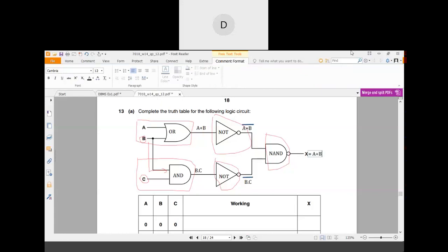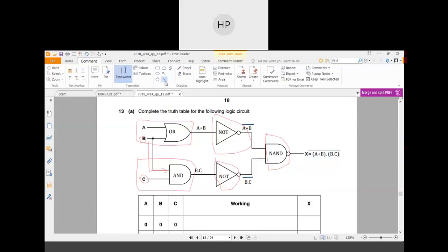I will separate these two outputs so they can be identified more easily. Both should be inverted, right? Because they went through these NOT gates.